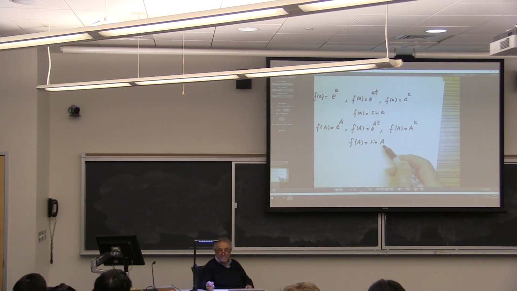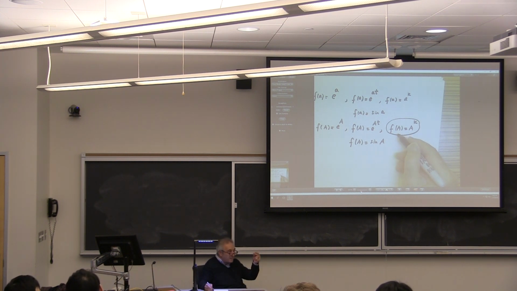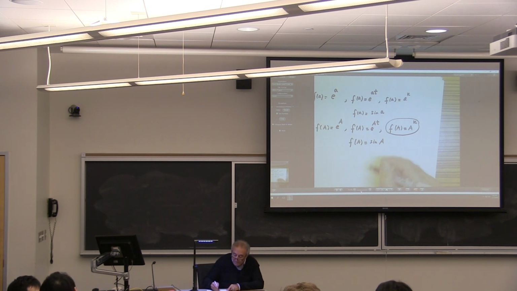Among all of those, there is one function that makes sense to all of you. Which one is that? Very good, this one, because it says that you multiply A k times and you get this value. Now I tell you something very interesting. You know that e to the power x is equal to 1 plus x over 1 factorial plus x squared over 2 factorial plus and so on.